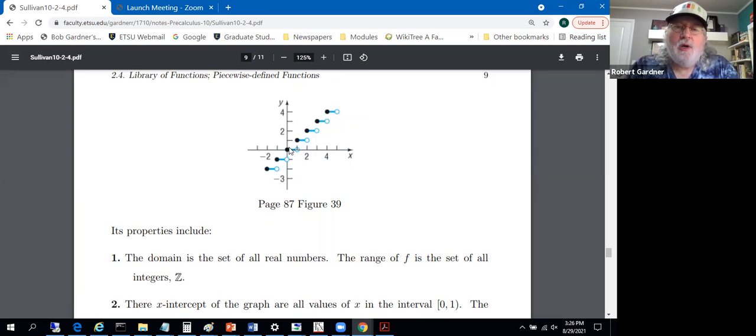If I go, say, over 1.5 and up 1, I find a point, (1.5, 1). Well, if it has symmetry with respect to the origin, I can go back 1.5 to -1.5 and down 1 and find a point on the curve, but there's not a point on the curve.